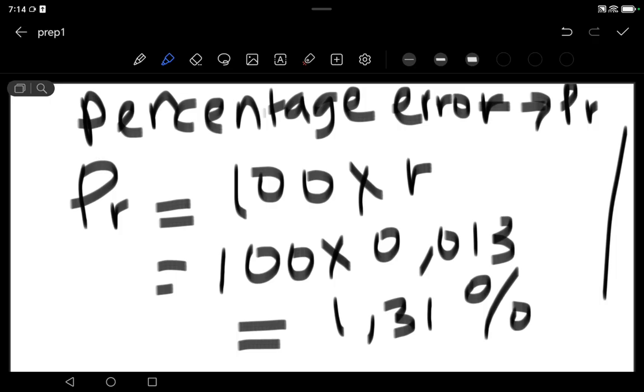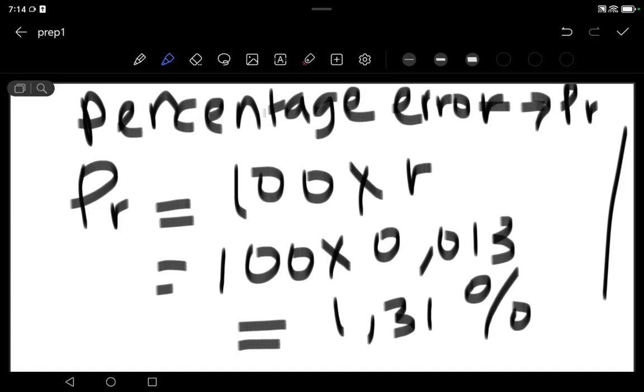Wait, let me open the page. Yes, I see. Unit 1, measurements, uncertainty and errors.